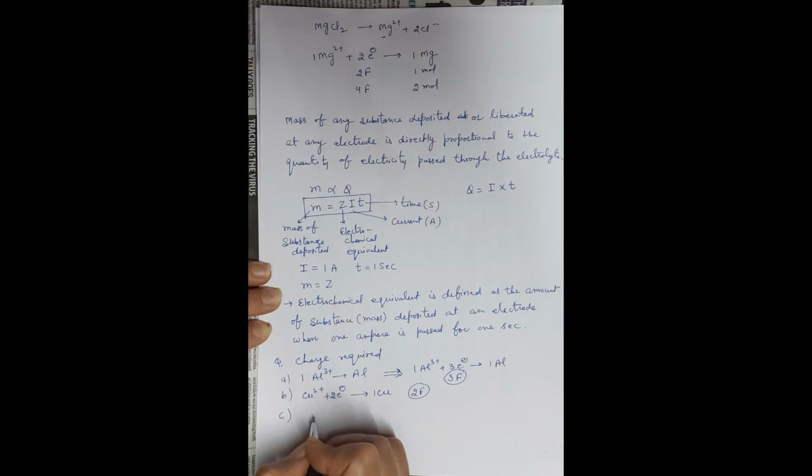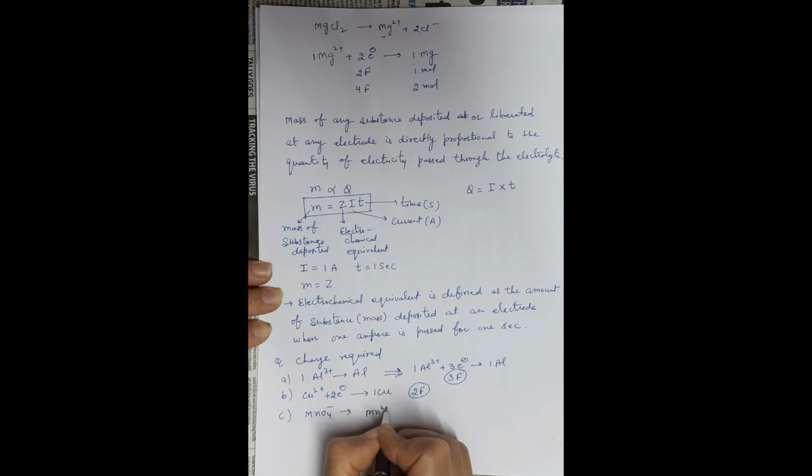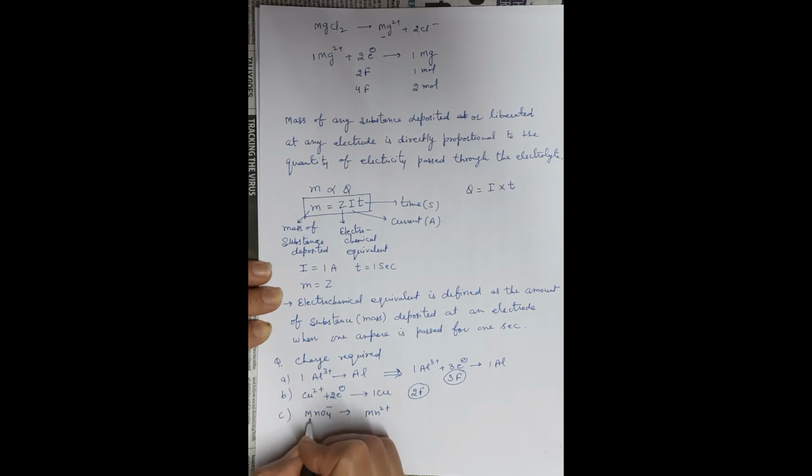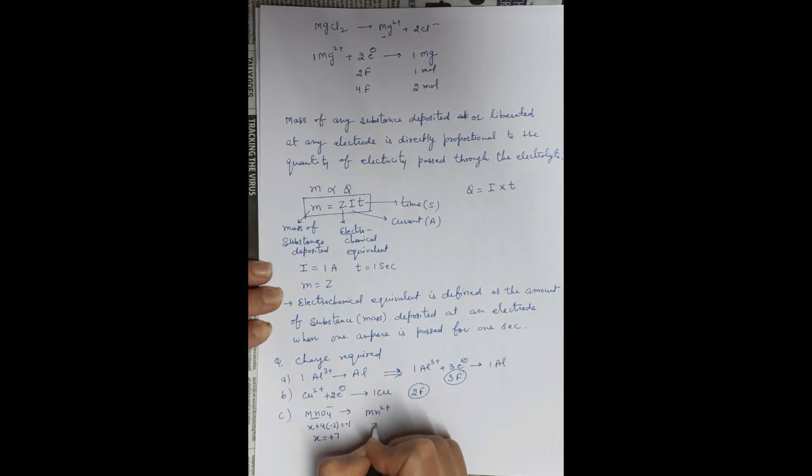C part is when 1 mole of MnO4 minus changes to Mn2 plus. How will you find out the change in electronic charge? Let's calculate the oxidation number of manganese here. Manganese is X. There are 4 oxygens. Each oxygen is -2, and the total is -1. It comes out to be +7, and here it is +2. What is the electron change?